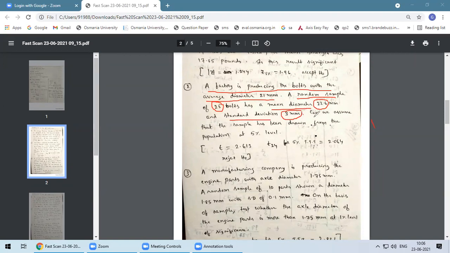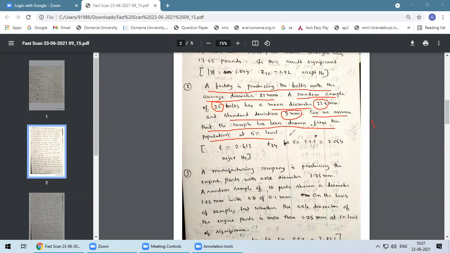Now the question: can we assume that the sample has been drawn from the population at 5% level? If anybody joins late, please copy the second problem. Again, I am reading.